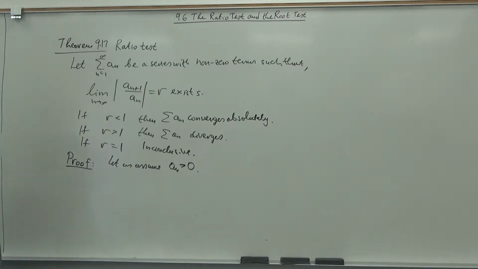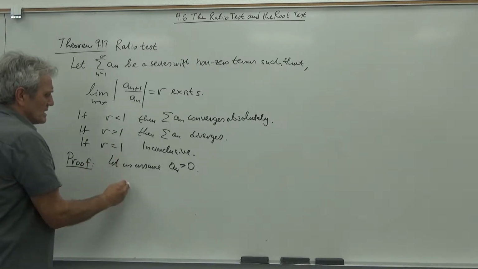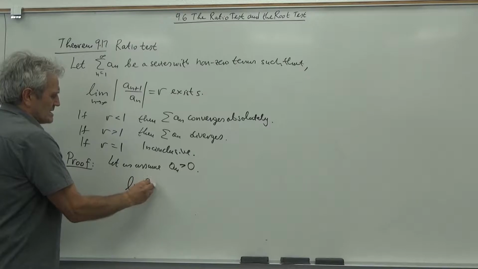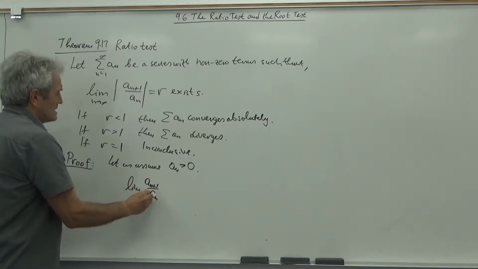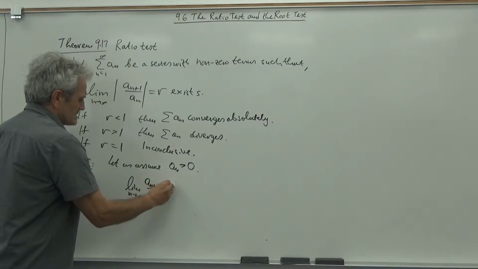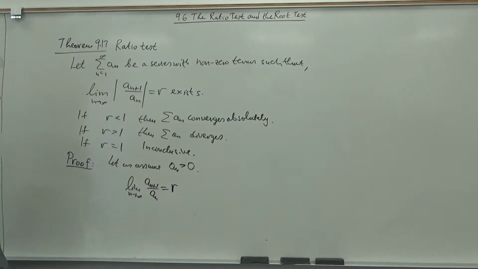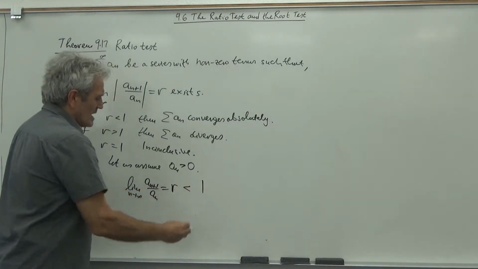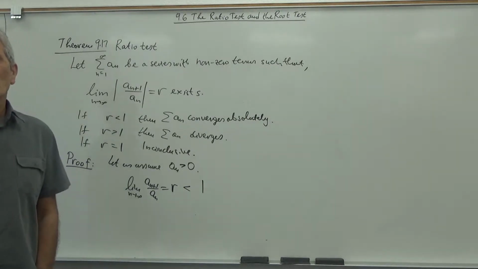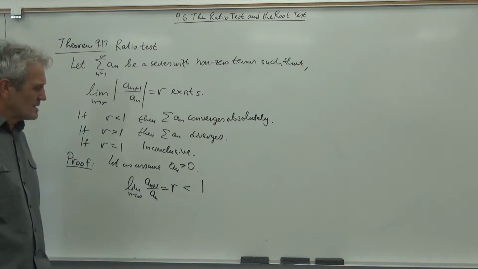So what then? Assume that the limit of a_{n+1} over a_n when n goes to infinity equals r, and r is less than 1. Basically, this test is nothing else but a ready-made version of comparison with a geometric series. Why?